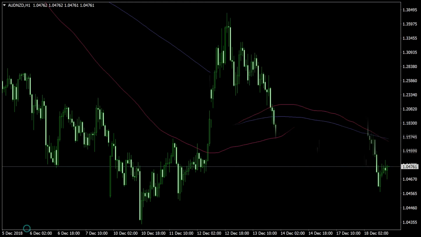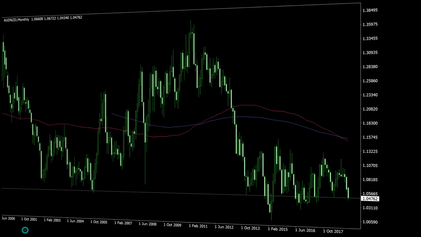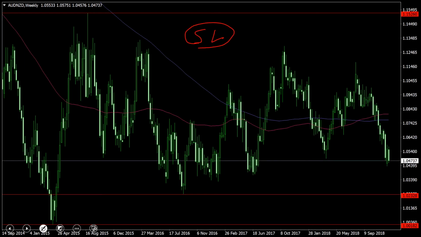But because I also believe that on the weekly chart, the pair is still bullish, even if the low over here is broken, I will still stick to some of my buy orders. Why?